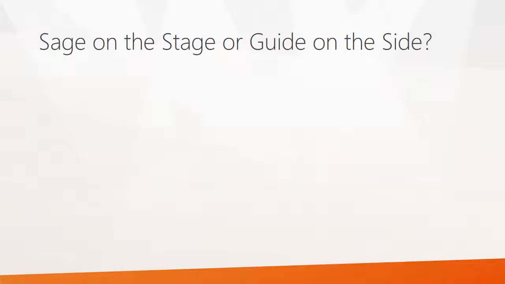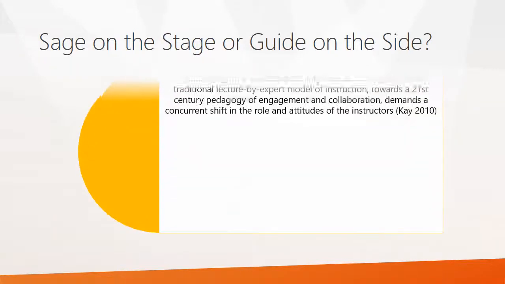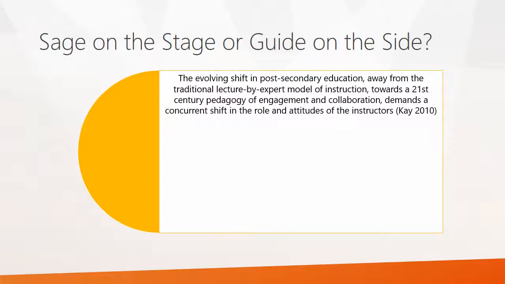When it comes to the current role of instructors, we've seen in the research that there has been a shift in post-secondary education. More importantly, a shift away from the traditional lecture by expert model of instruction towards a more 21st century pedagogy of engagement and collaboration.